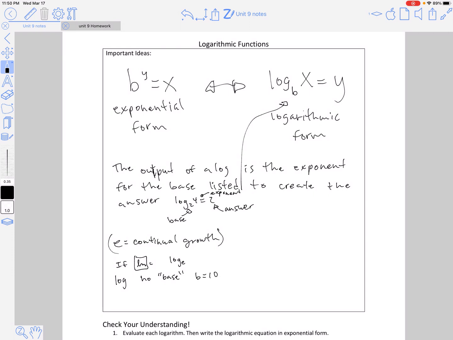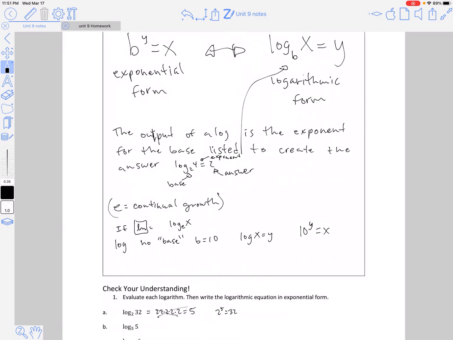So if they don't write it, 10 is also a very common one. If they don't write it, it is 10. Okay? Plain and simple. It's 10. So log of x equals y. So we don't see a base. That's technically b to the y equals, sorry, not b. If you don't see a b, it's 10 to the y equals x.